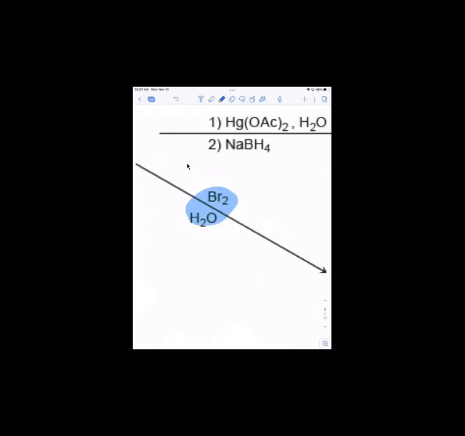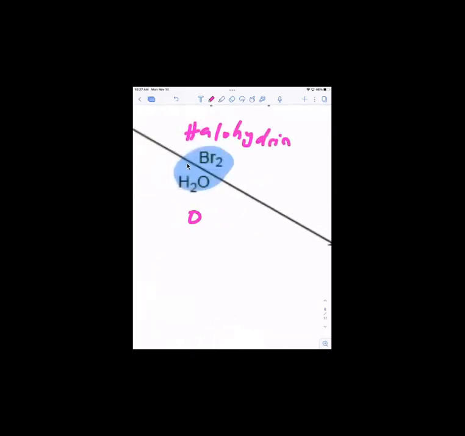Is that halohydrin synthesis? Halide, good. What's the outcome? Let me say this too. For halohydrin, the OH is going to be on the most substituted side of the alkene.